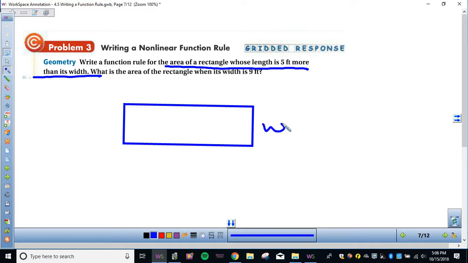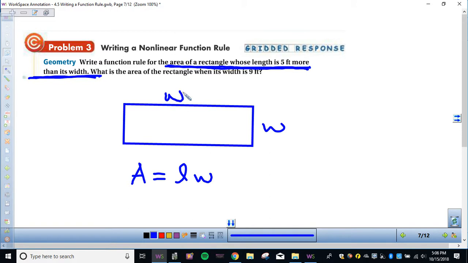So width is W. We're doing area, so think about what the formula for area of a rectangle is. That is area equals length times width. So if the length is 5 more than its width, all you have to do for the length here is W plus 5.